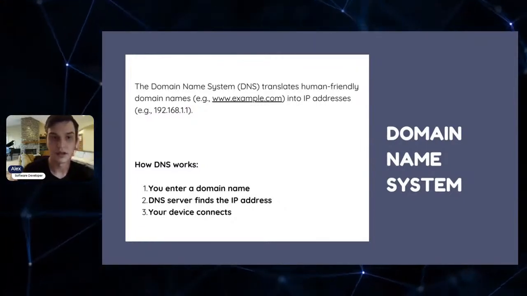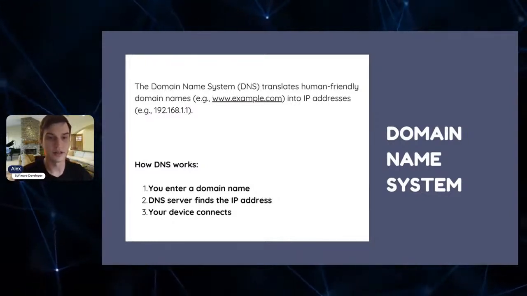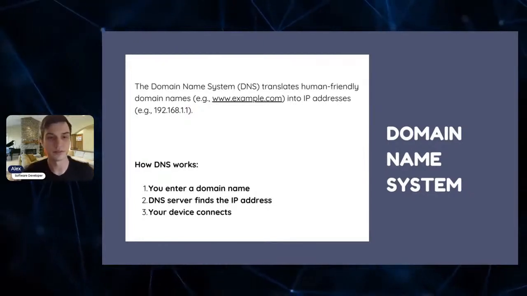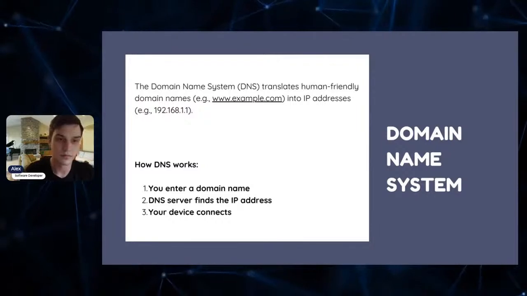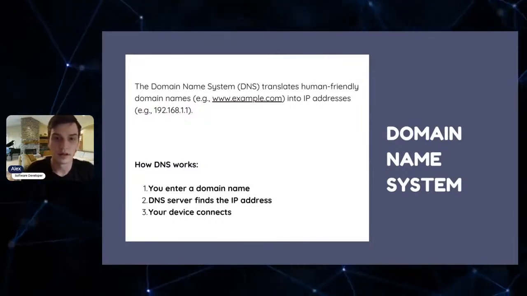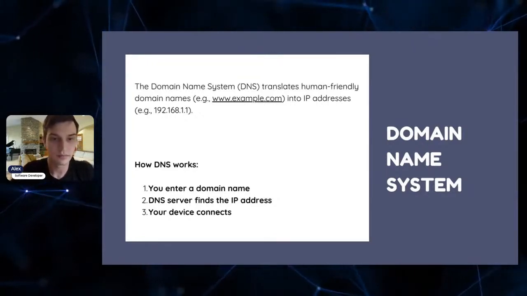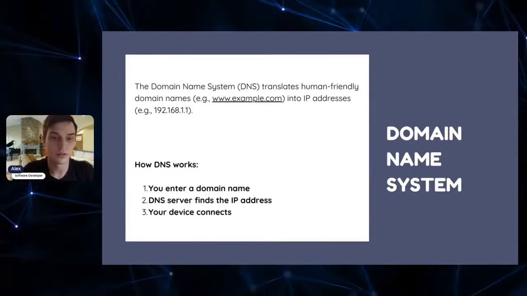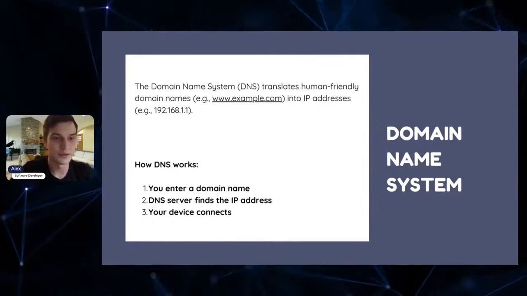And somehow providers know who it is, because they are DNS servers. So they have this information. They have databases of the domain names. They find an IP address of a server, and then you can connect your device to the server and watch your favorite video or something like that.